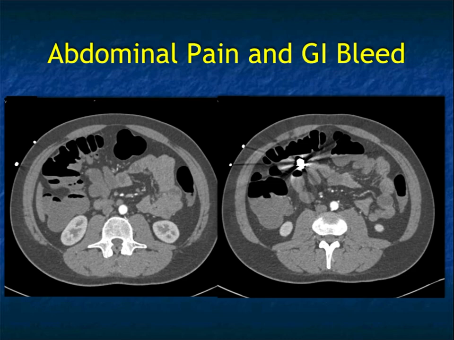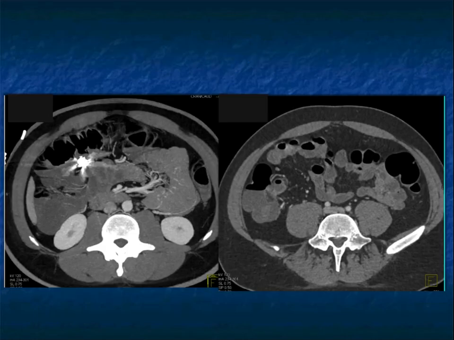Now, a couple other examples. This patient has abdominal pain, looking for the source. Well, the first thing you see, there's a camera here. So the patient was getting a GI camera study, one of those looking for a source of bleeding. The fact was, unfortunately, the patient has some thickening of bowel, and there was an area of narrowing, and now the capsule is obstructing.